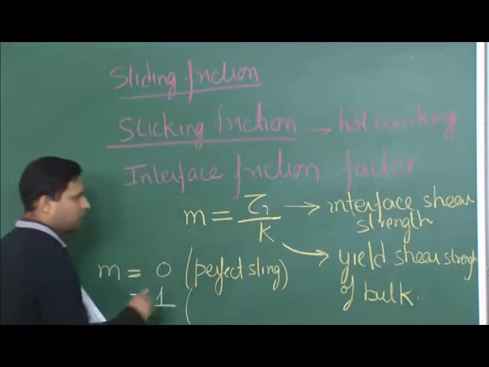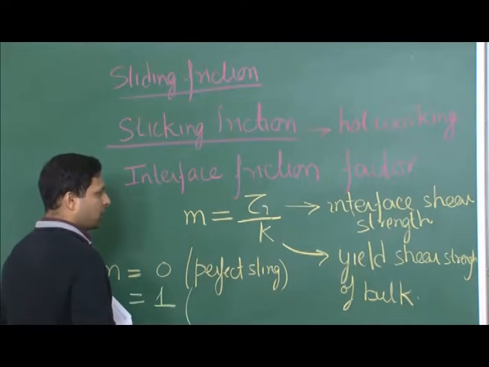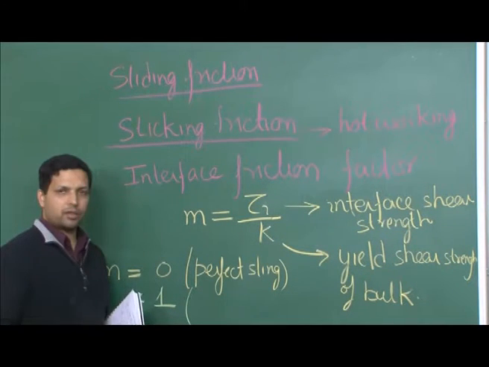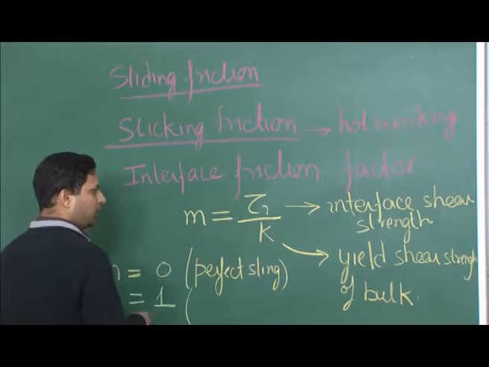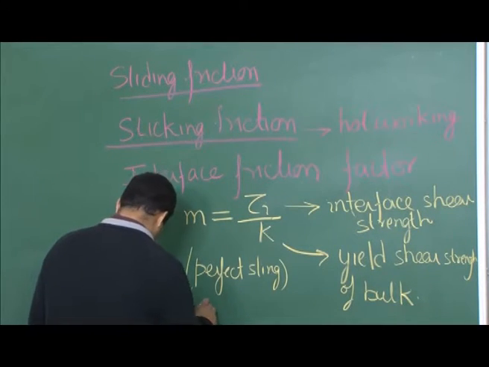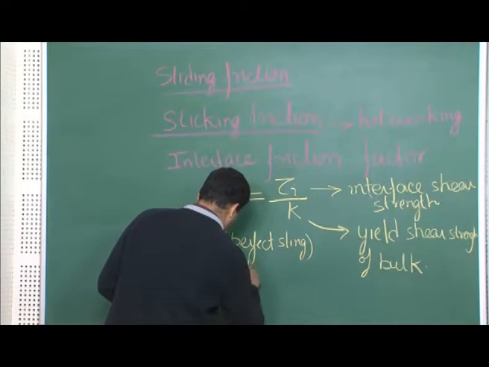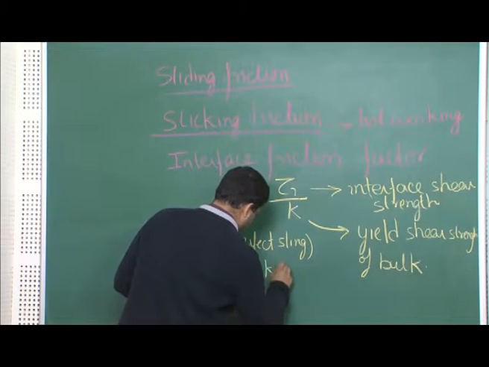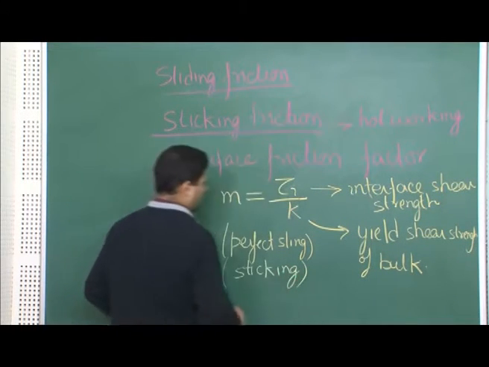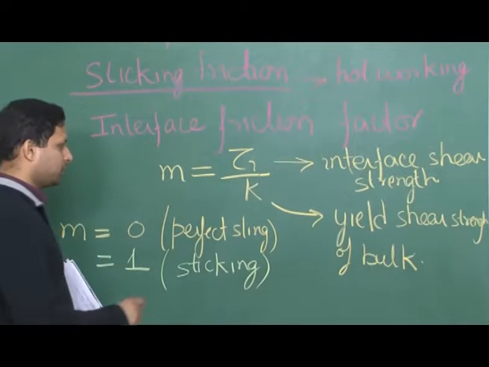That means in this particular condition, interface shear strength or stress has reached the bulk yield shear strength, and that means it starts to stick. It will no more slide.